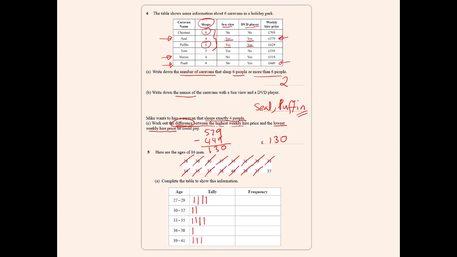So we got 5 of them now, so 4. The 5th one will go across, so it'll be easy to count in 5s. And finally 35 across, 5 of them. So we've got 5 there, 2 there, 5 there, 1 and 3. So 5, 2, 5, 1 and 3. So the frequency table is complete now.